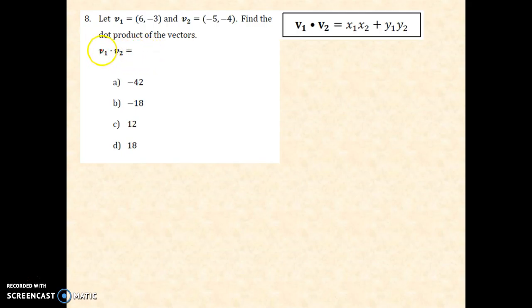So v1 dot v2 is 6 times negative 5 plus negative 3 times negative 4. 6 times negative 5 is negative 30. Negative 3 times negative 4 is positive 12. So negative 30 plus 12 is negative 18.